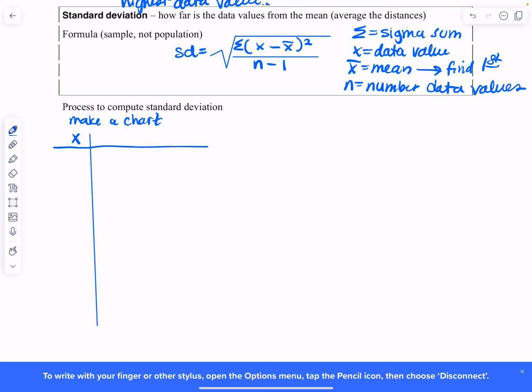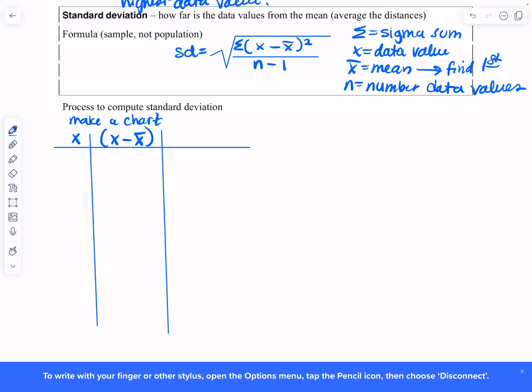So I'm going to write down all the raw data points. Now, I'm going to take x minus x bar. So again, you have to find that mean first. I'm going to take those raw data points, subtract the mean from them, and figure out what that value is.